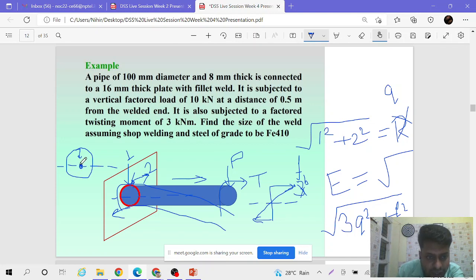So this is acting like this and torsion is acting like this, due to this torsion, stress will come like this. At this point, Fa will be downward and Q2 will be downward as well.